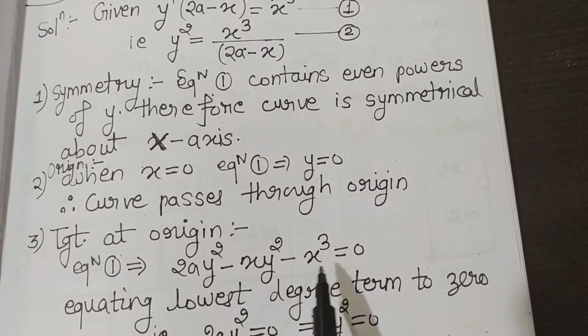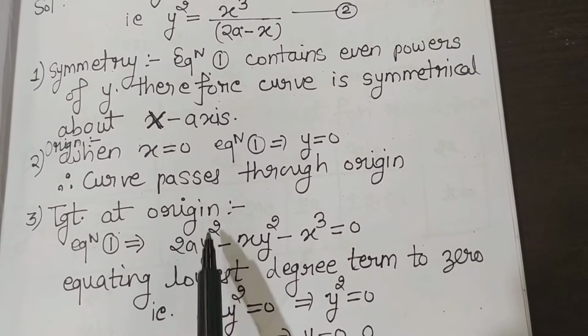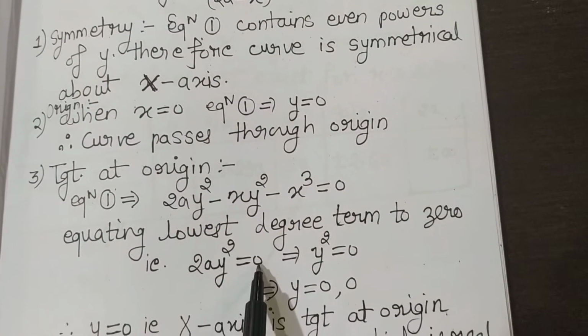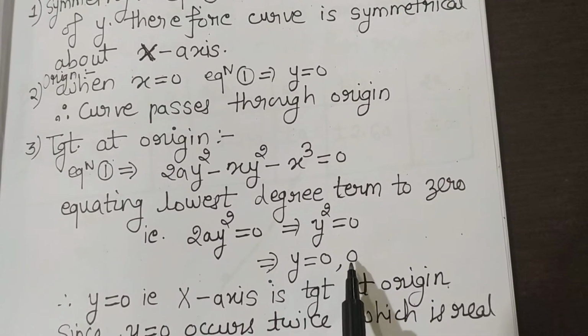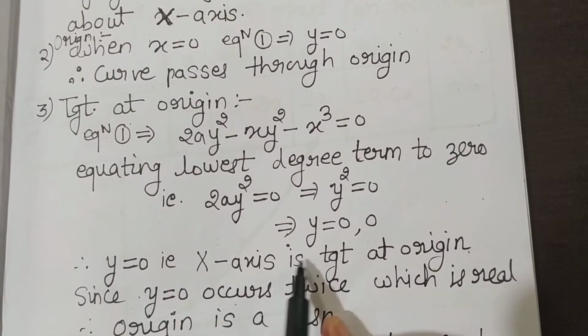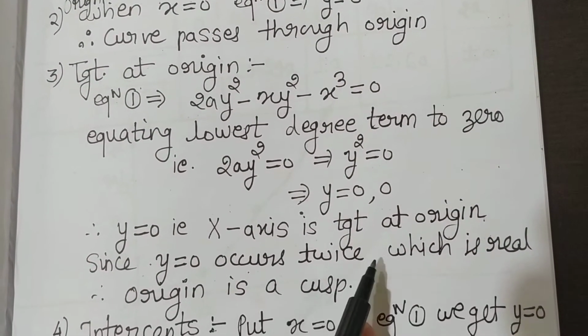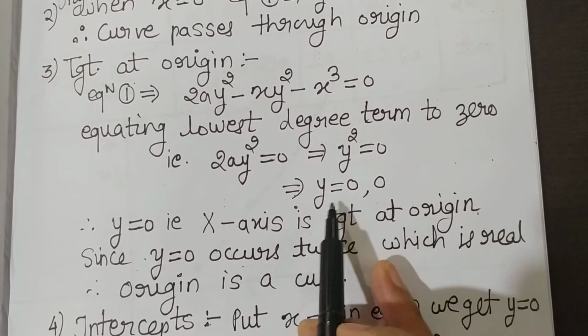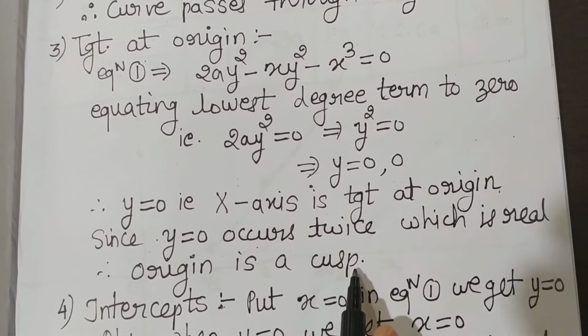The lowest degree term here is the first term, 2a y square. Equate to 0. We get y square equal to 0, that is y equal to 0, 0. So y equal to 0 occurs twice. Therefore the x-axis is the tangent at the origin. As y equal to 0 occurs twice and is a real value, the origin is a cusp.